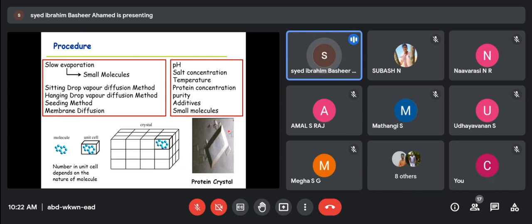The crystal is not visible to our eye, so how can we crush it? You have to do it under the microscope.